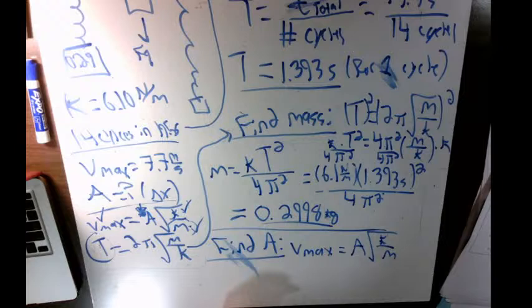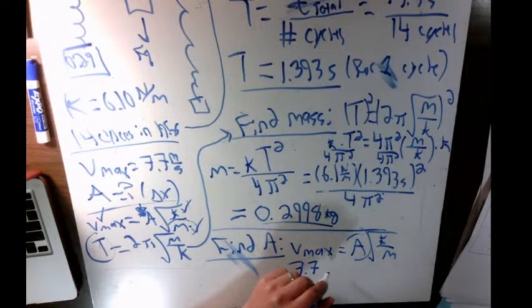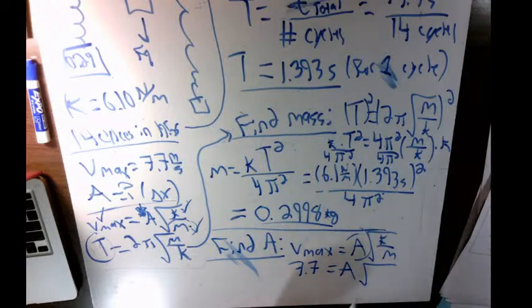If we're solving for amplitude, you can actually put in the values first, right? I'll show you what I mean. We don't have to do a bunch of squares and algebra. We know that our Vmax was 7.7 meters per second. That's going to be equal to our unknown amplitude times the square root of k, which was 6.1, divided by mass, which we calculated as 0.2998.